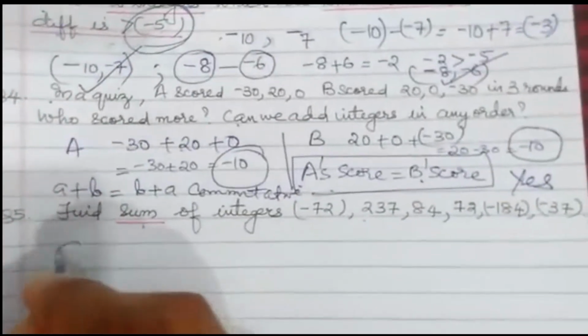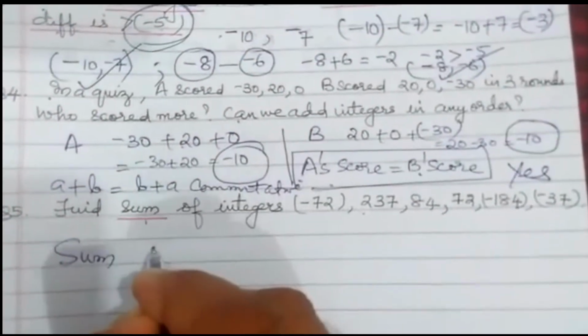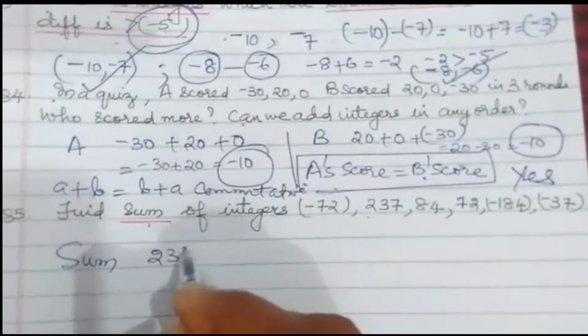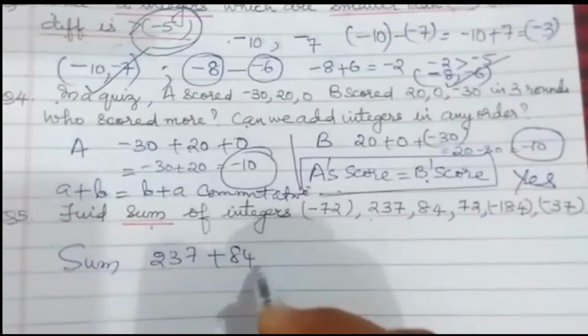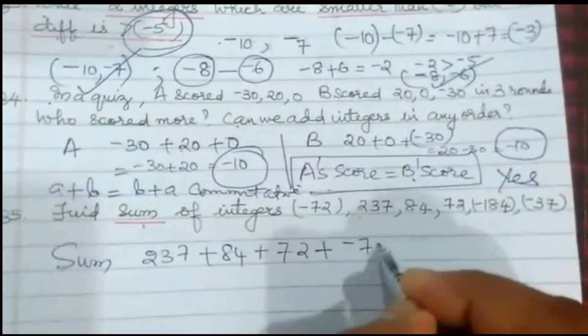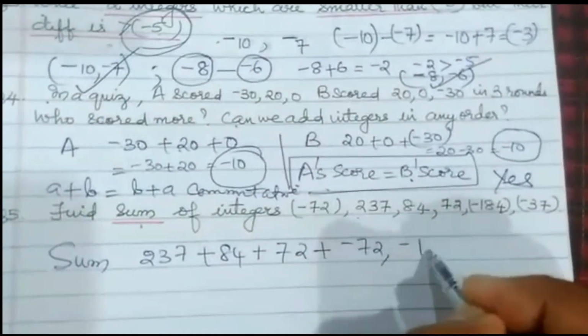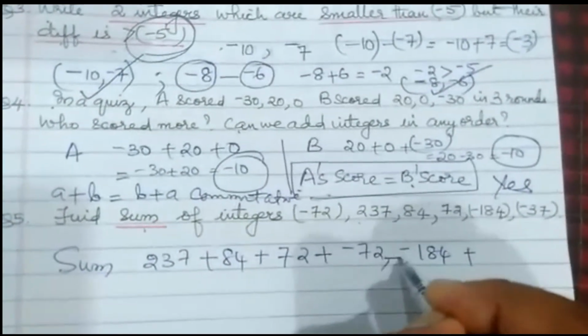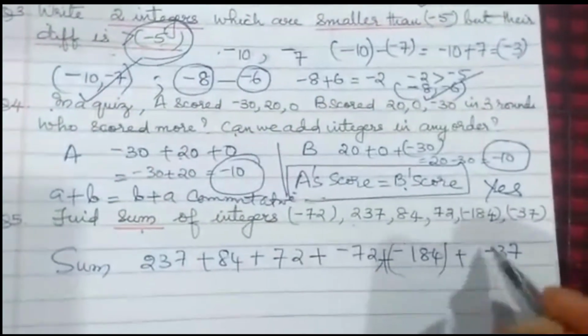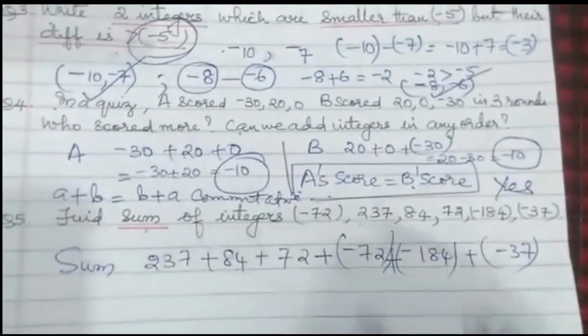Now the next question is, find the sum of integers. So many integers are given, so you have to find the sum. 237 plus 84 plus 72, then plus minus 72, minus 184, plus minus 37. So here I have 3 negative integers and 3 positive integers.